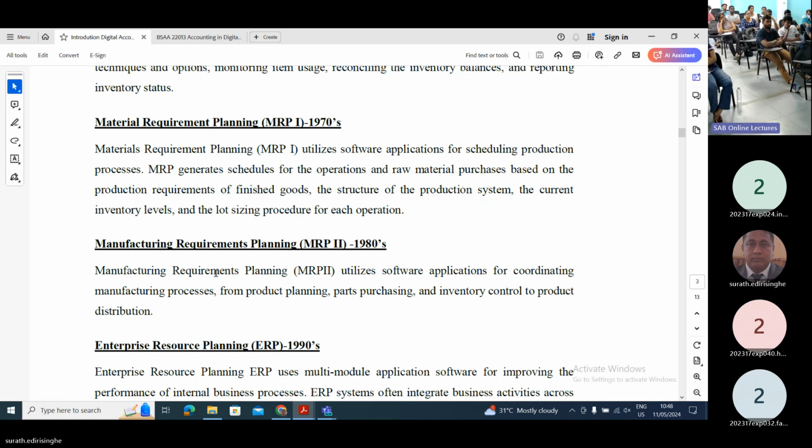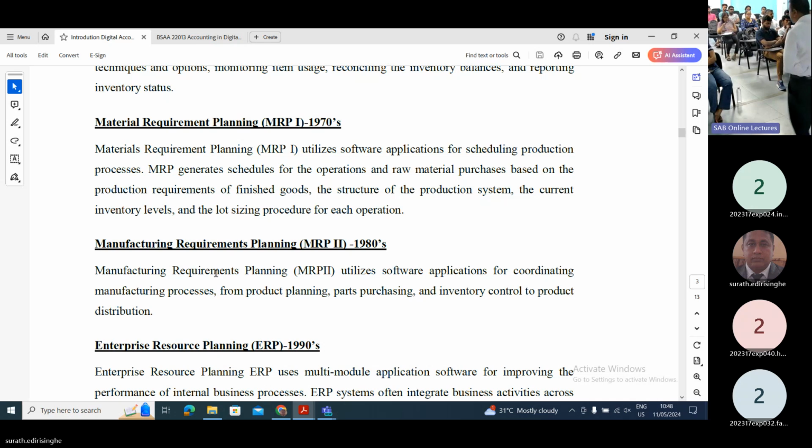What is the purpose of developing this software? Scheduling the production process. MRP generates a schedule for the operations and raw material purchase. What is the basis? Based on the production requirement of finished goods.